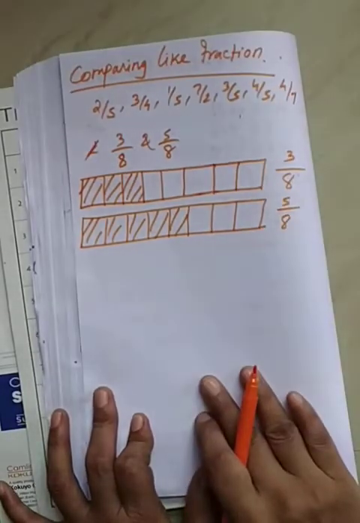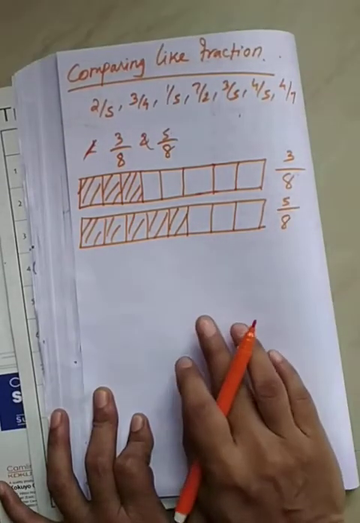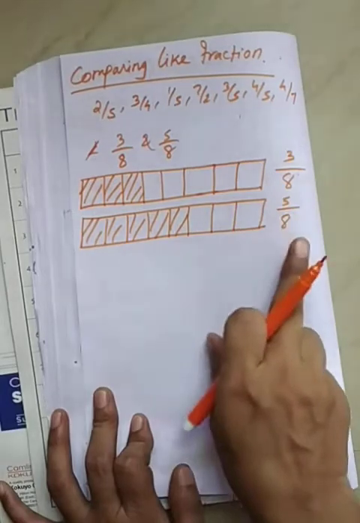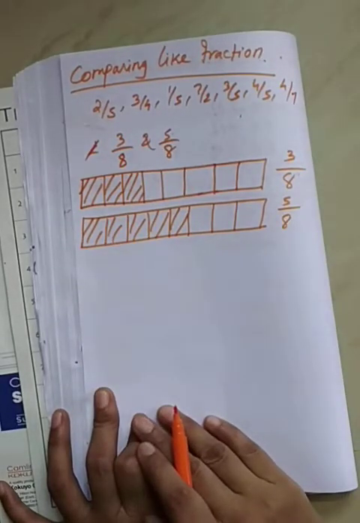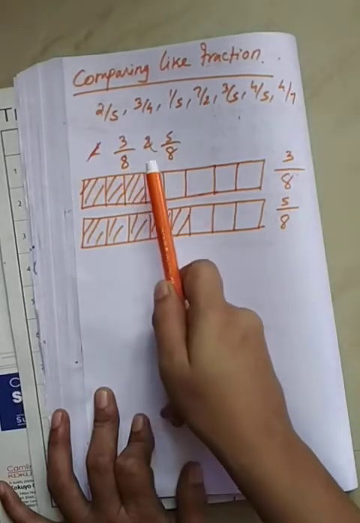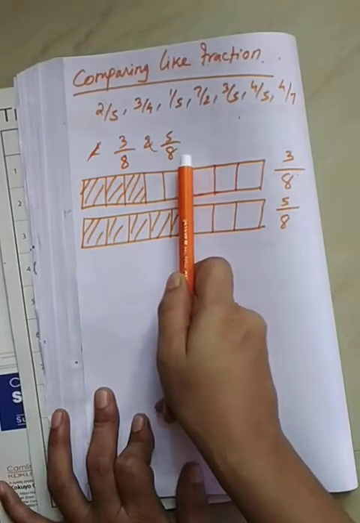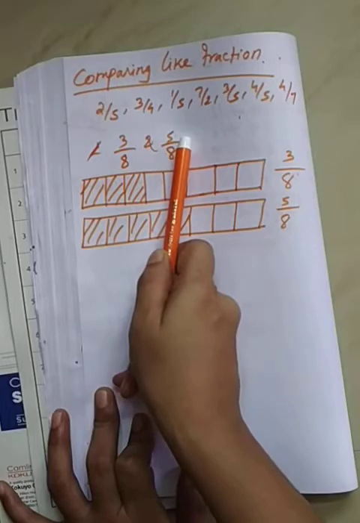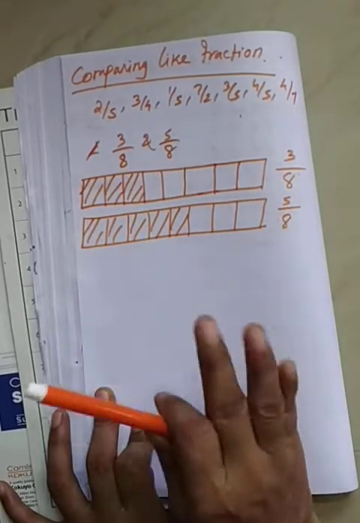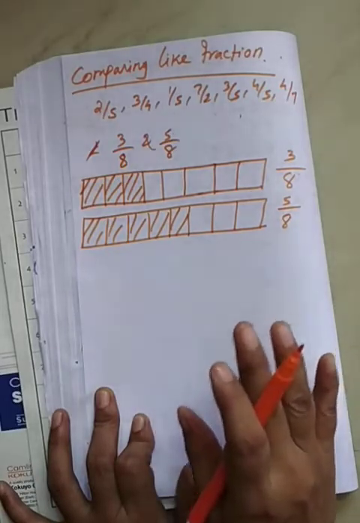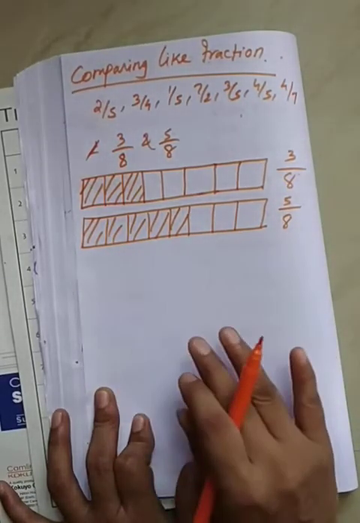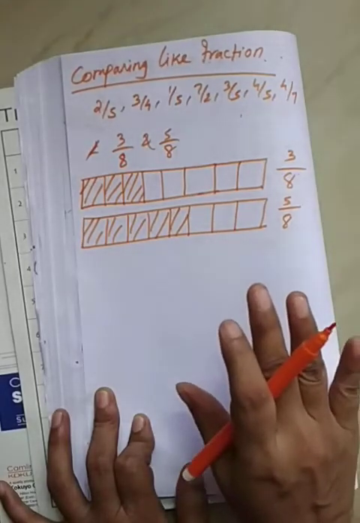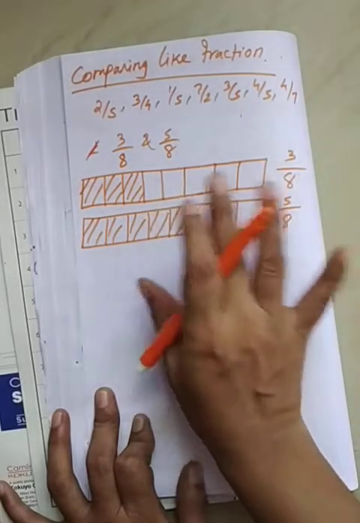See, in both the fractions, the whole is divided into 8 equal parts. For 3 by 8 and 5 by 8, we take 3 and 5 parts respectively out of the 8 equal parts. Clearly, out of 8 equal parts, the portion corresponding to 5 parts is larger than the portion corresponding to 3 parts.